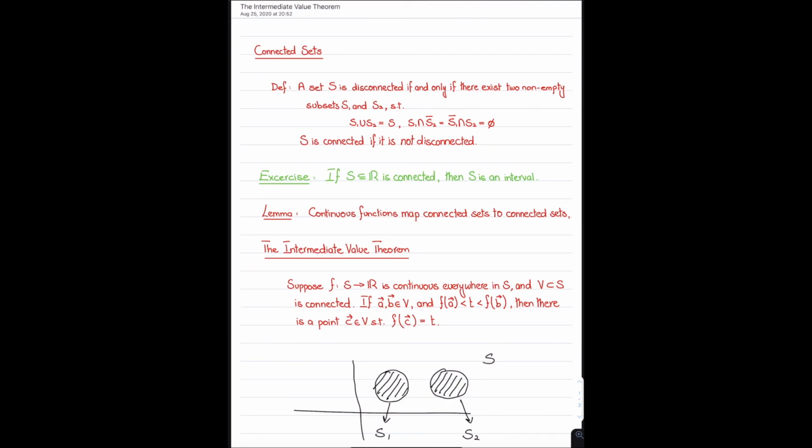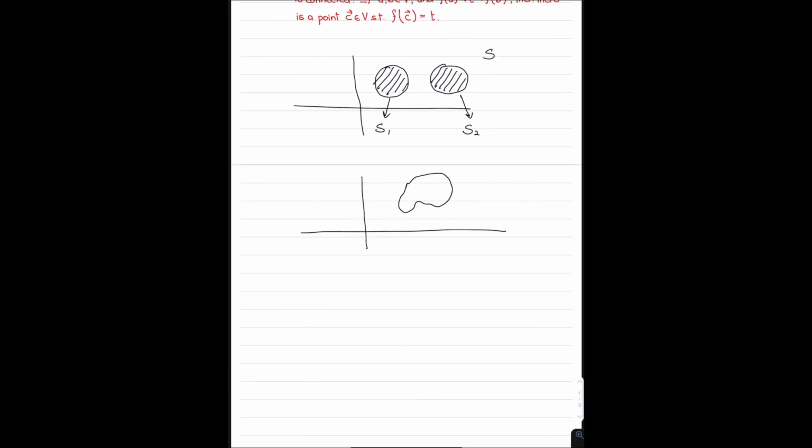Now, you might wonder, how do we go about proving that? The idea is that it's actually hard to prove this directly, which is why we sometimes use an associated concept, which is called arcwise connected or pathwise connected. Either one of them, they mean the same thing. A set is arcwise connected if and only if for any two points in that set, there is always a path that lies in the set that joins those two points.